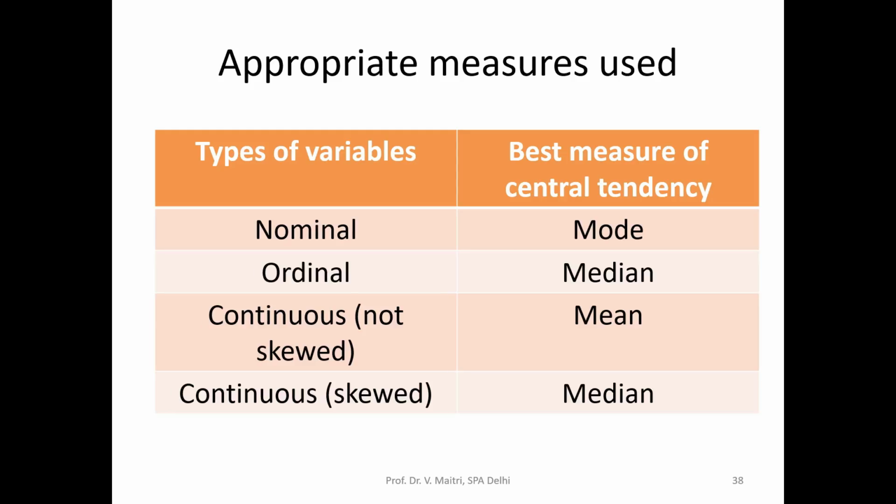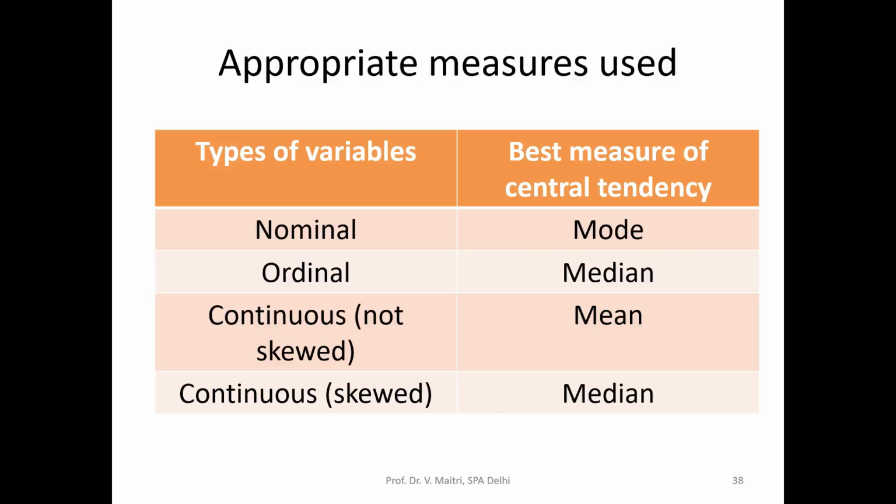So what are the measures we can use for the different types of variables? Last time we also discussed that for nominal data, the best measure of central tendency is the mode. For ordinal data, the best measure of central tendency is the median.